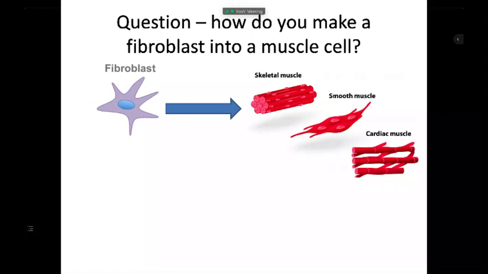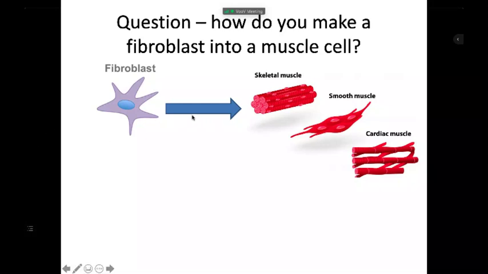So the question we want to ask is, how do we make a fibroblast into a muscle cell? And here we have a fibroblast, which is a connective tissue cell. They're extremely widespread around the body.